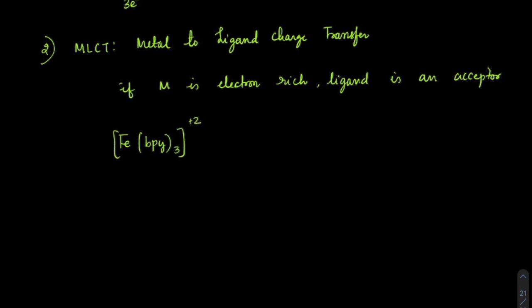Okay, so in this what happens, electron in bipyridine, let me show that here, this is the bipyridine, how it is connected, N. Yeah. Now if you check out, it has a pi star orbital here.